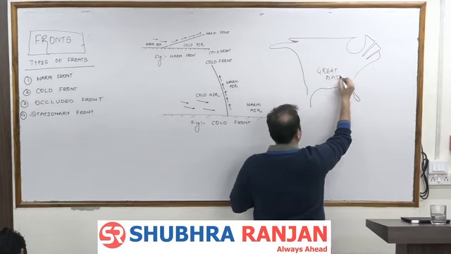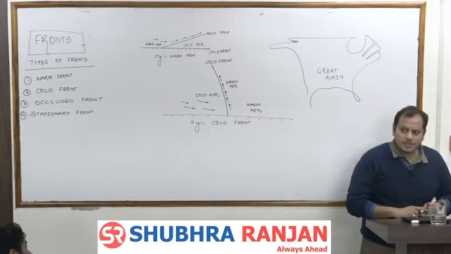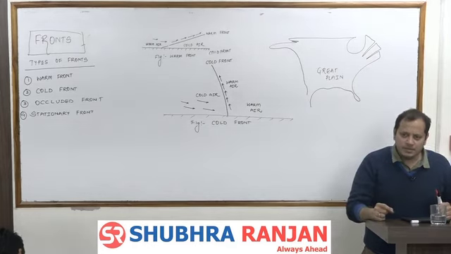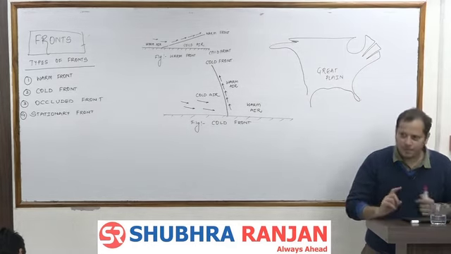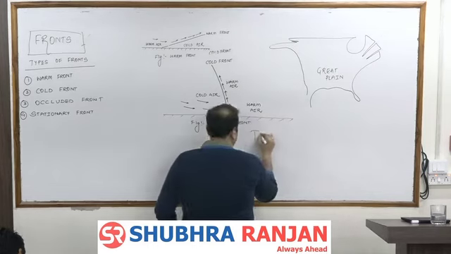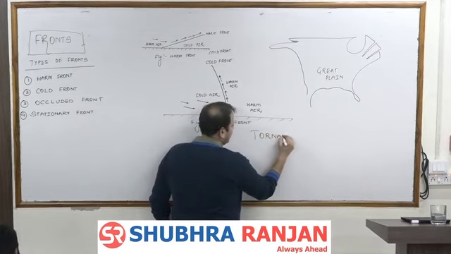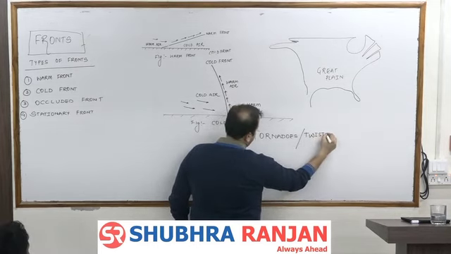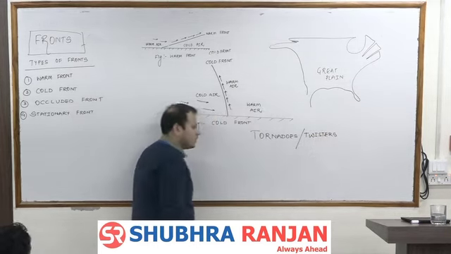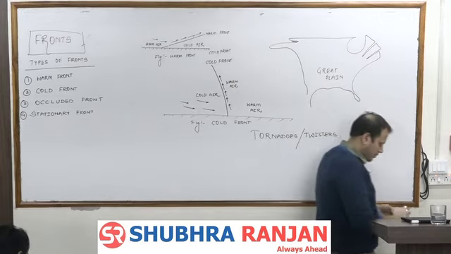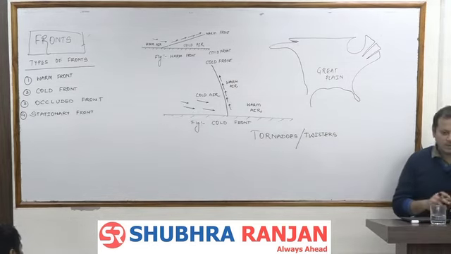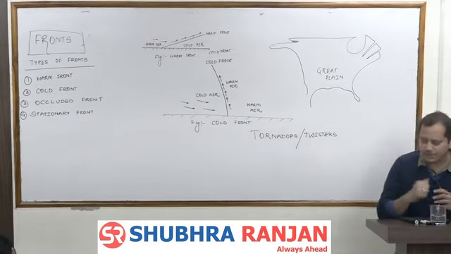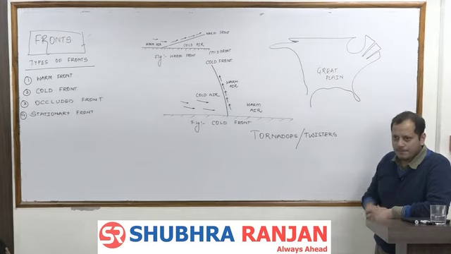The USA also has Great Plains, which are known as prairies, forming tornadoes or twisters. There is even a movie named Twister. Forming tornadoes and twisters. Fine.